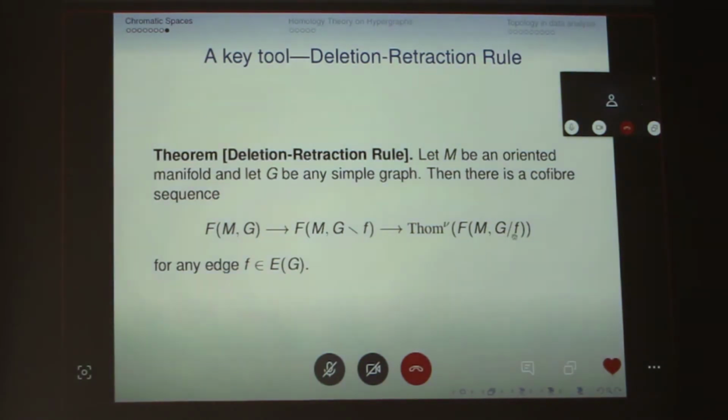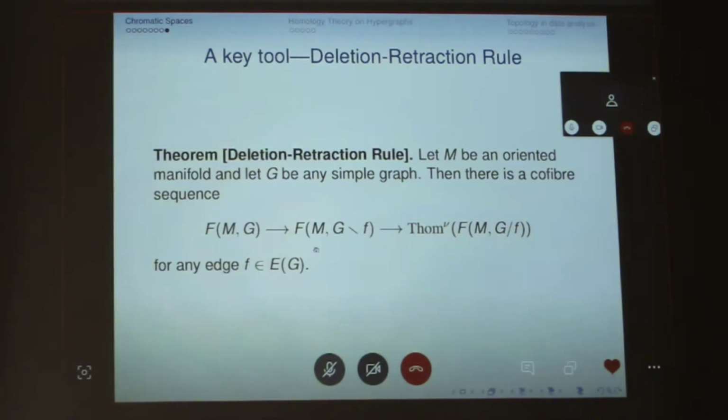By gluing this with H/F, we get another graph: H with F taken away, but gluing the ending vertices of F together, and we get this graph.